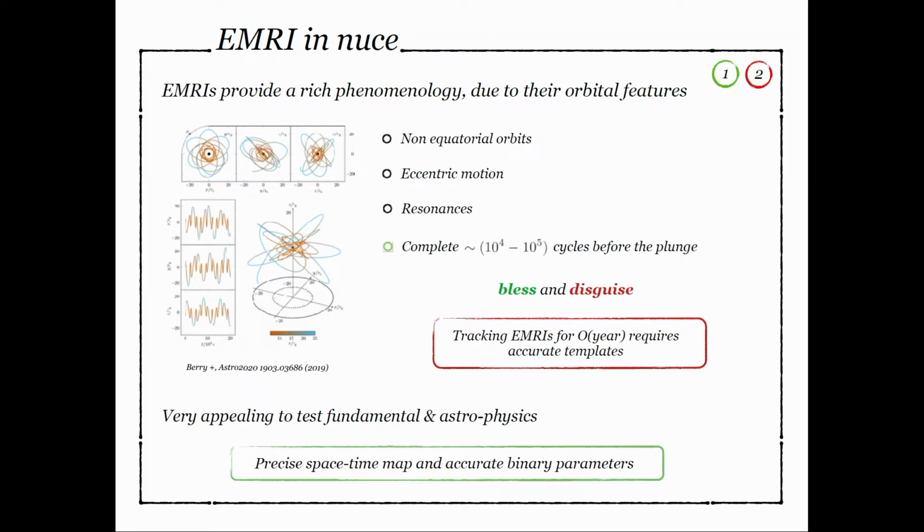Okay, why are they so precious in terms of fundamental physics? Let me go back to what I call points 1 and 2 of my physical reasons why these systems are so important, mostly because of their dynamical richness. This is a sketch of a patch of the orbital evolution that we expect from these systems, and you see that the orbital evolution is extremely complex because it's off-equatorial, you see eccentricity, and here it is not shown, but they can experience resonances at some point in the orbital evolution.